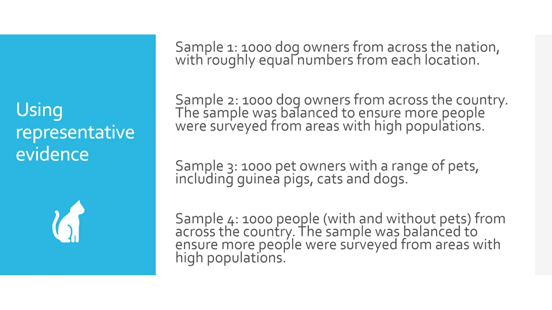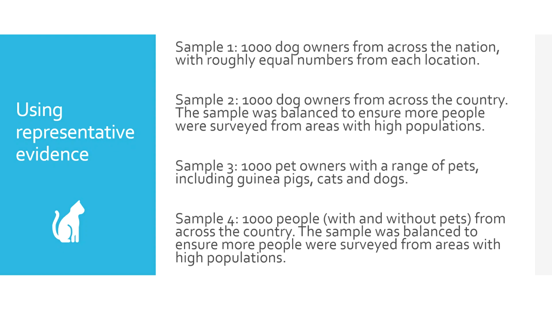The sample was balanced to ensure more people were surveyed from areas with high populations. Now, from those 4 examples, the most representative sample would be the last one. The reason for that is because all of the previous samples are people who just have pets.